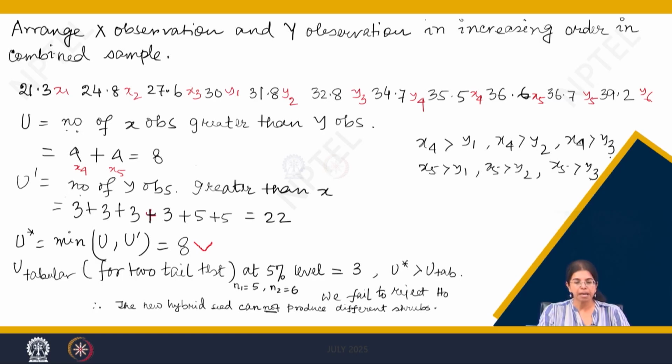Now look at the table for the two-tailed test, and U tabular is 3. Since U star is greater than U tabular, we fail to reject the null hypothesis. The new hybrid seed cannot produce different shrubs. So that's what your conclusion should be.